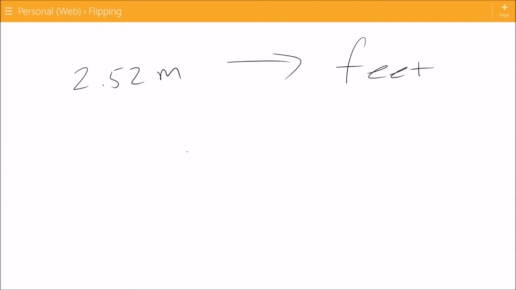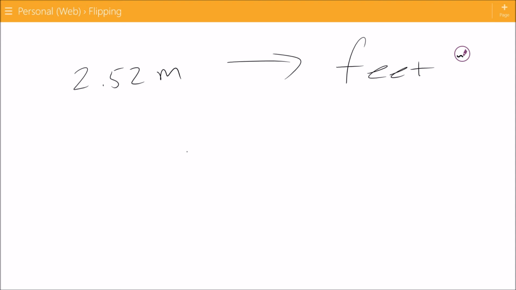Let's take it one step further. 2.52 meters, I want to go to feet. All right, if I were to do this, I would say, I can't remember my conversion between meters and feet. I can't remember my exact proportion for meters to feet.